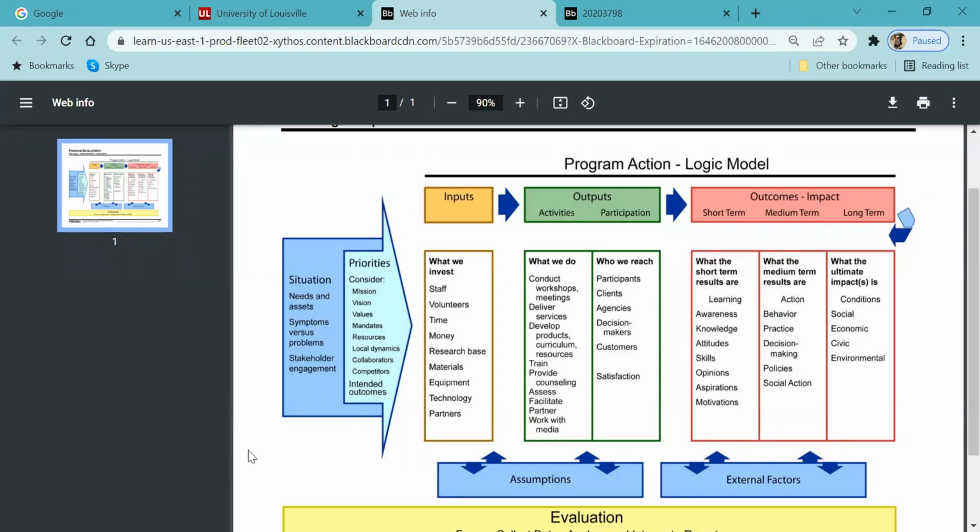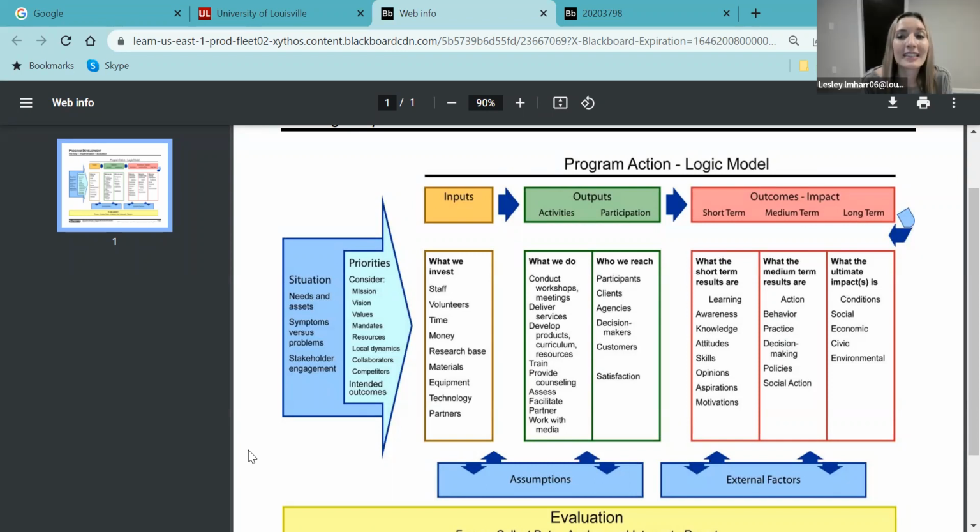My question's more simple, I guess, in a way. I was just wondering, do you want us to have all the sections listed here, like on the screen, like inputs, activities, participation, short, medium, and long term? Are we able just to have inputs, activities, kind of a short term, medium term mix, and then long term?